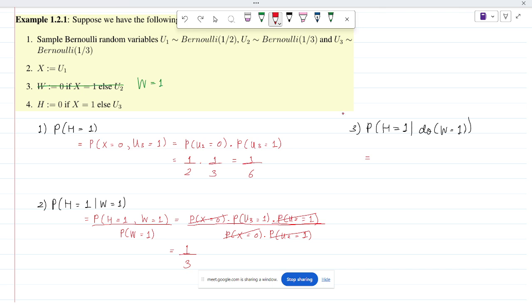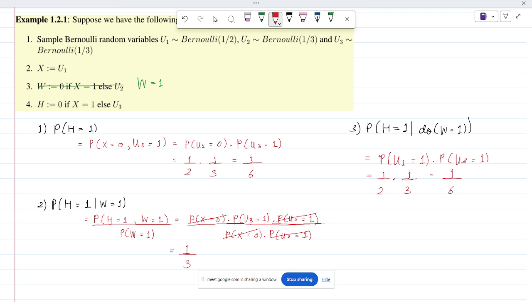In order for H to be equal to 1, again, we know that X must be equal to 1, and I'm actually not going to write down this entire process again. We know that U1 must be equal to 1, and then we know that U3 must be equal to 1. So essentially 1 over 2 into 1 over 3, the exact same math that we did before.